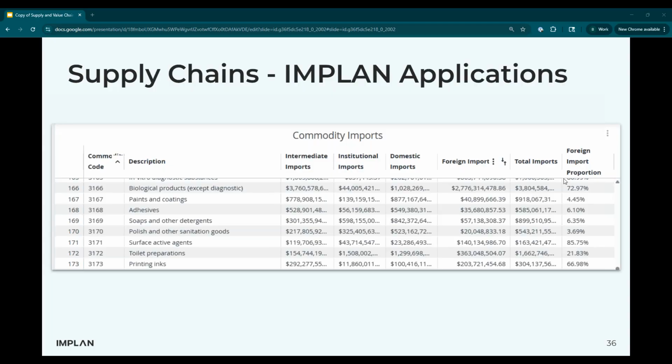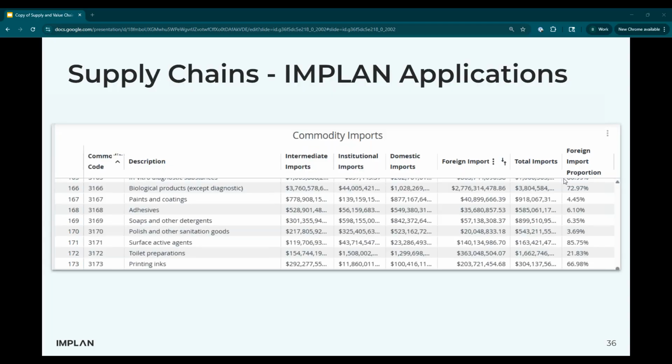And if we're looking at that foreign import proportion, we're looking at a very high proportion of biological products being imported from outside of the United States. So biological products are nearly 75%, 73% imported.